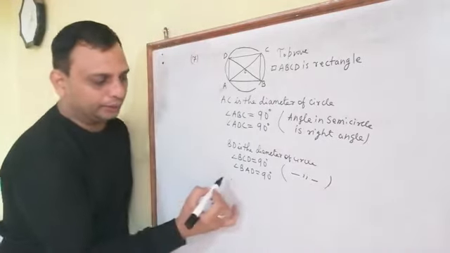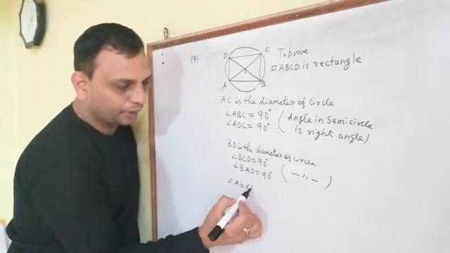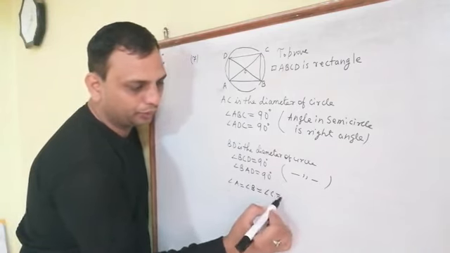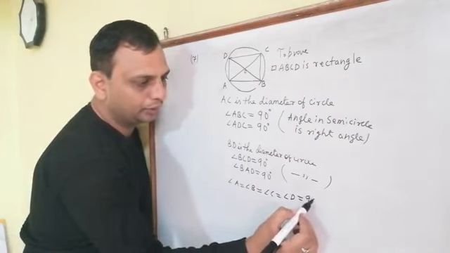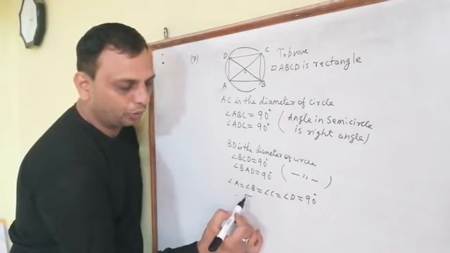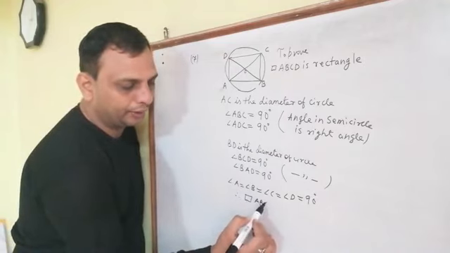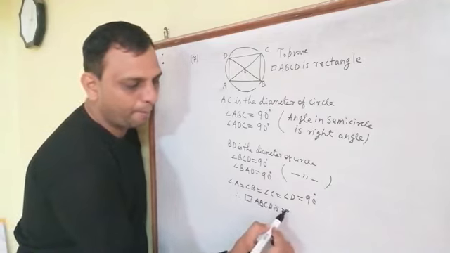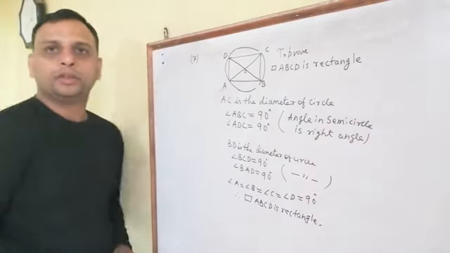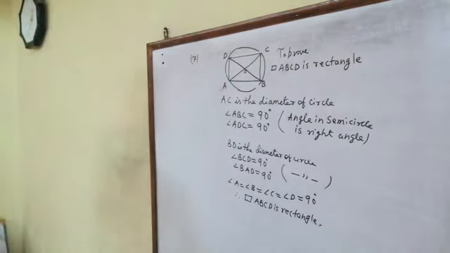Now all four angles are 90. Therefore ABCD, a quadrilateral, is a rectangle. So this is the solution of the 7th question.